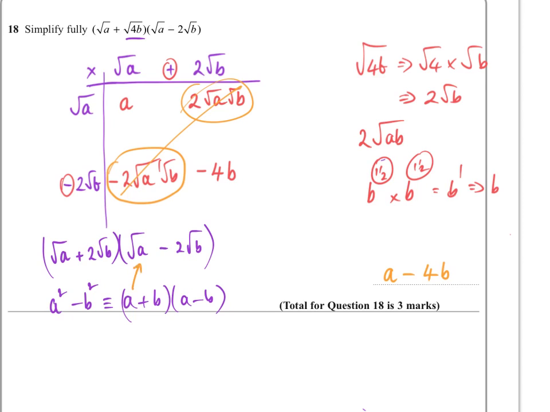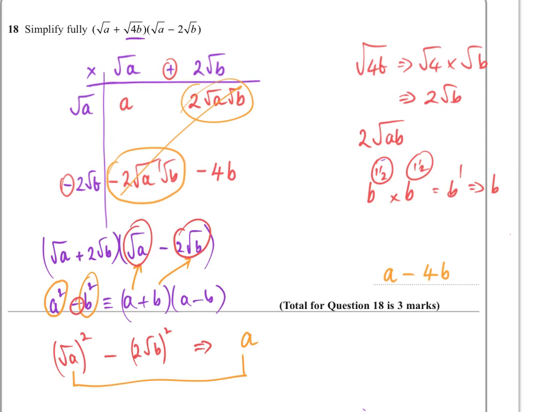So if a was your root a and b was your 2 root b, then if you use this formula, a squared minus b squared, i.e. this squared minus this squared, then that would give you the answer straight away. And you'd see that root a all squared is just a, and this all squared is just going to give you 4b. So there was two ways of looking at that, but if you're not really confident, then use a grid. That's absolutely fine. So a minus 4b is the answer.